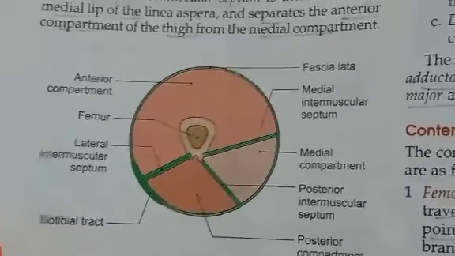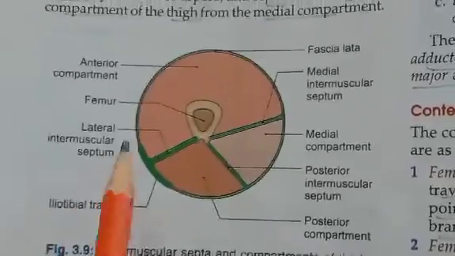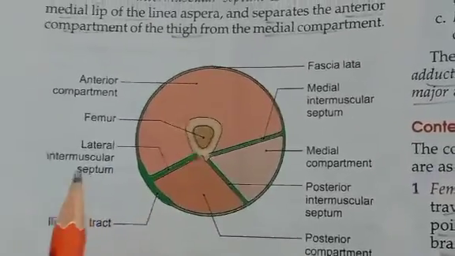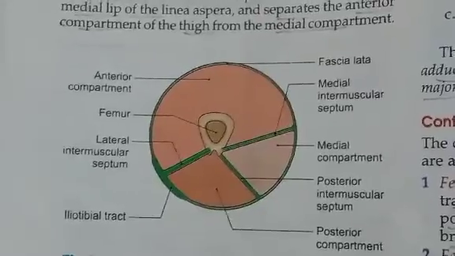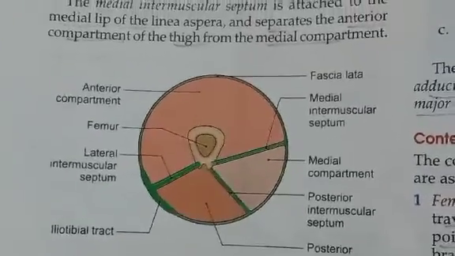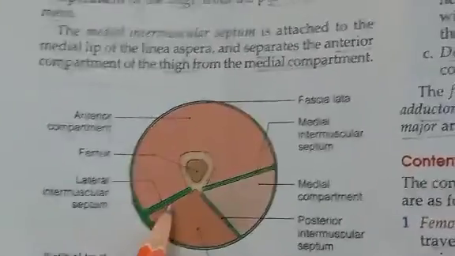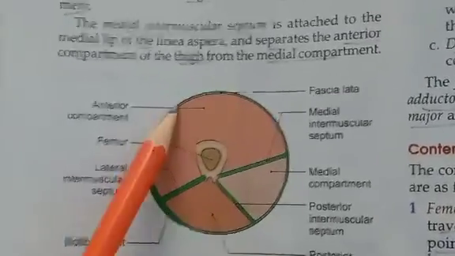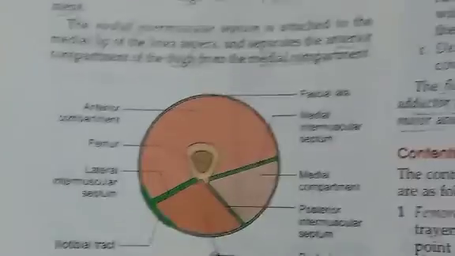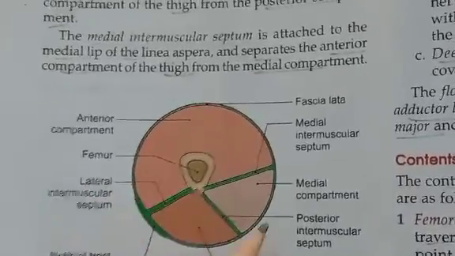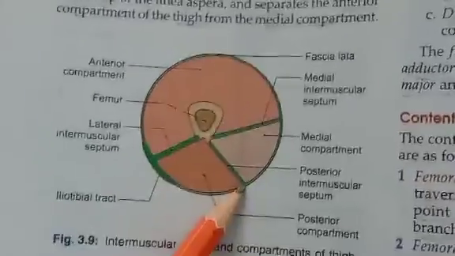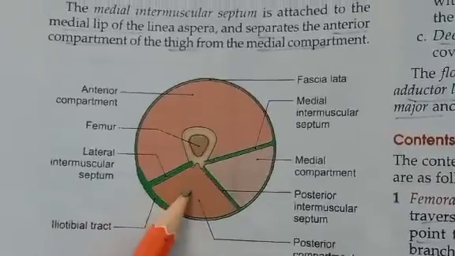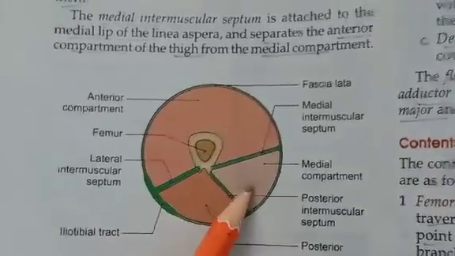This is the cross-section of the thigh where the three intermuscular septa are shown, which divide the thigh into three compartments. Firstly, there is the lateral intermuscular septum, which divides the posterior and the anterior compartment of the thigh, and there is the posterior intermuscular septum, which is ill-defined and separates the posterior and the medial compartment of the thigh.